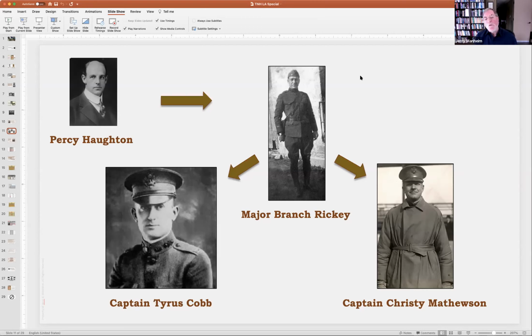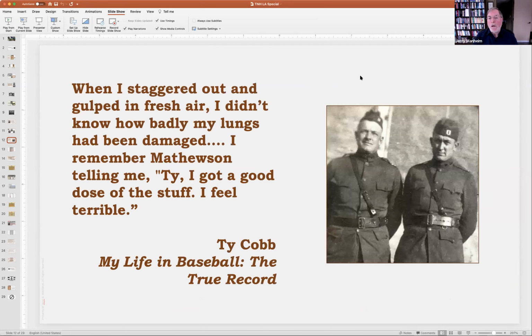And he got in touch with Branch Rickey, and Branch Rickey recruited him. They were both in the Chemical Warfare Service. And Rickey in turn recruited Ty Cobb and Christy Mathewson. And this is all known, established history, and everybody knows the story since then, which is sort of what Barry described.